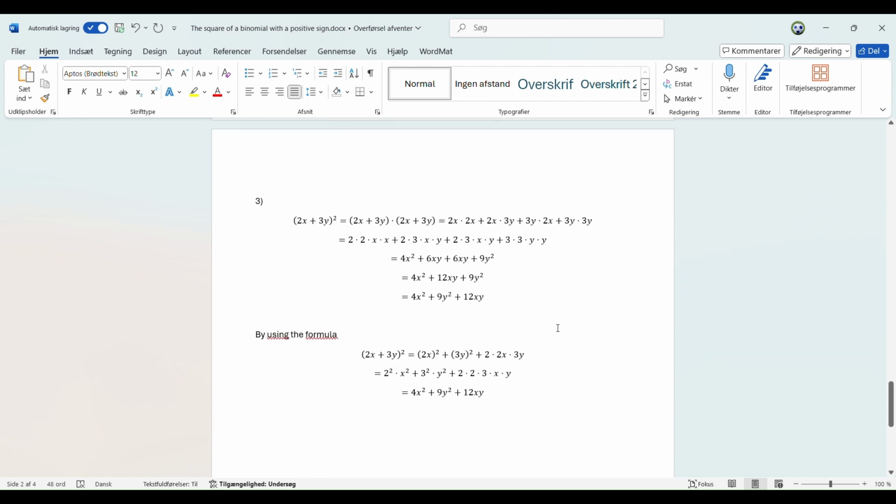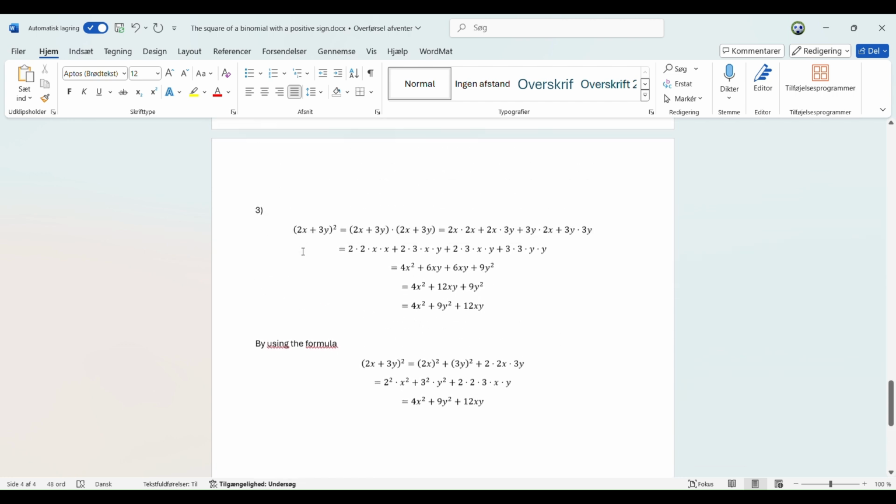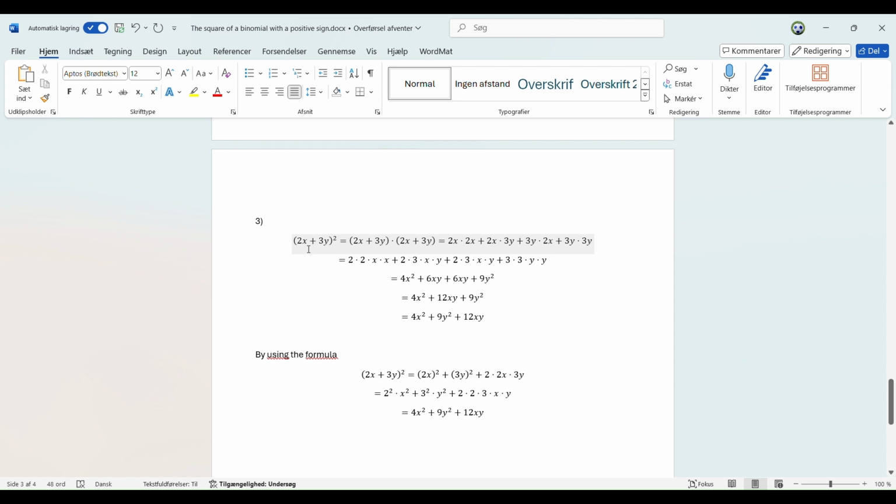And we've got the last one. We've got both numbers and letters this time. So 2 terms here, 2x plus 3y, squared. We square the bracket, and we say 2x times 2x plus 2x times 3y plus 3y times 2x plus 3y times 3y.